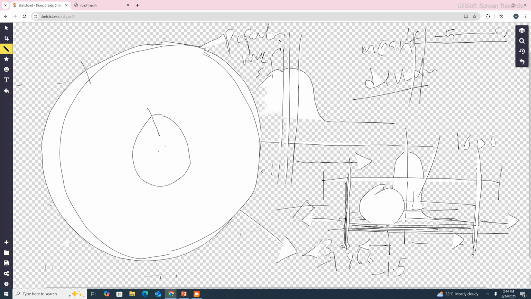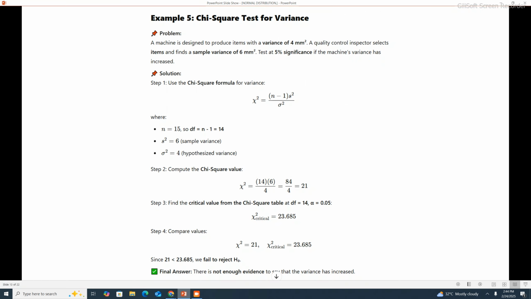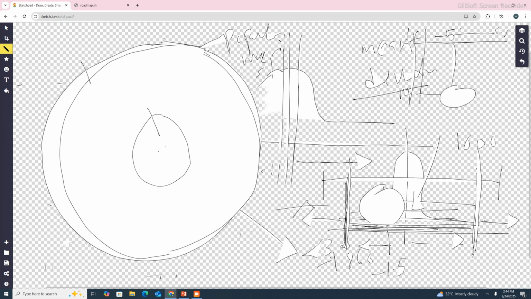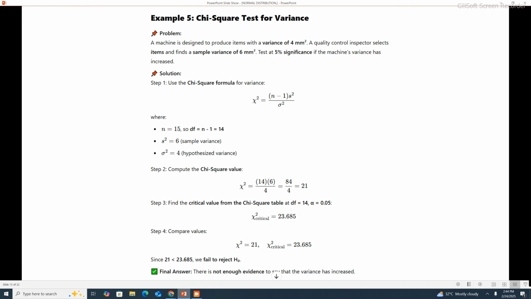So for instance, in our question, you will check 5% here and 14 here. Anywhere they meet, that's the value you pick. So the value they got was 23. That implies that here is 23 on the positive side.